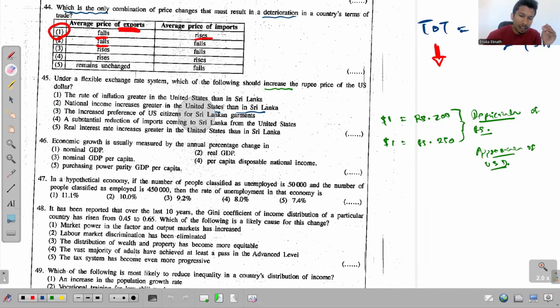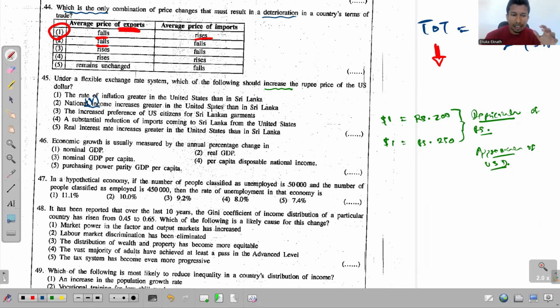See, in question 45, it says that national income increases greater in USA than in Sri Lanka, which means when their national income Y increases, what will happen? Similar to the things that we discussed in option 1, again, USA imports will increase.